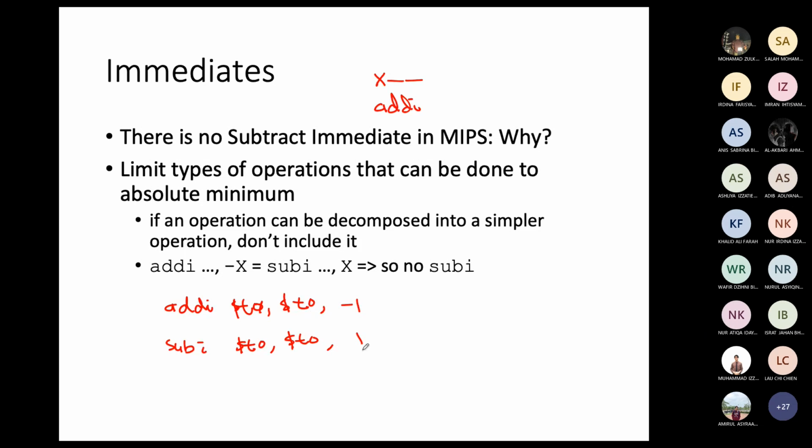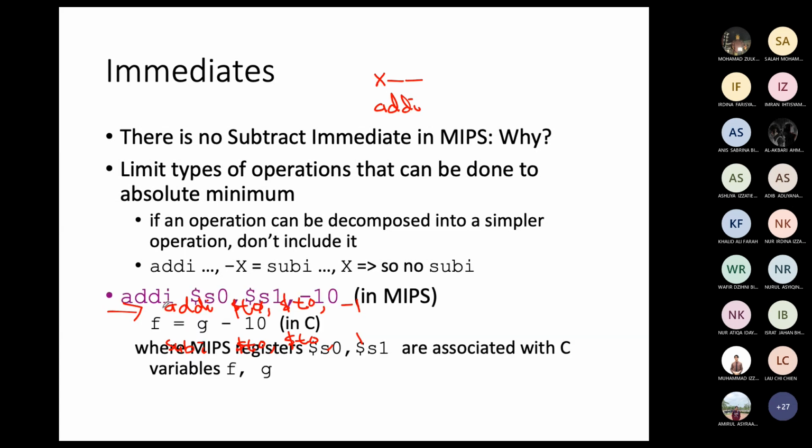So there's no need to use subI. We can just use ADDI only. The reason is that the simpler it is, the better it is for the CPU to operate.